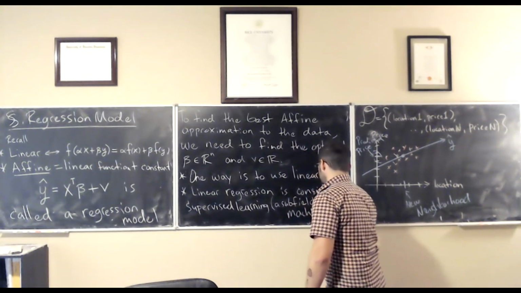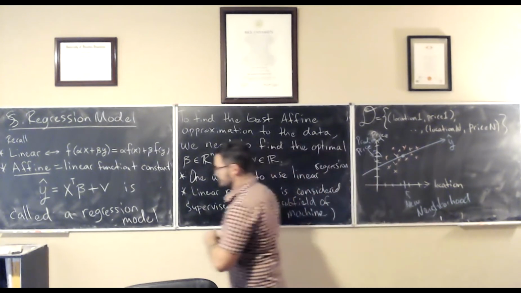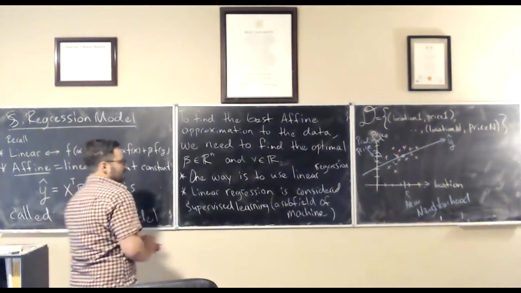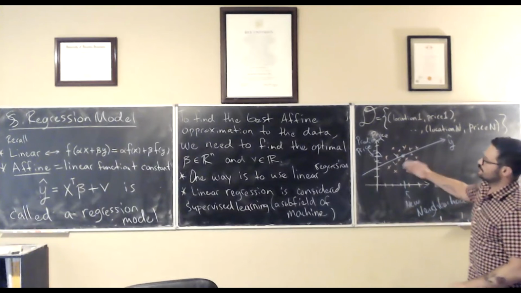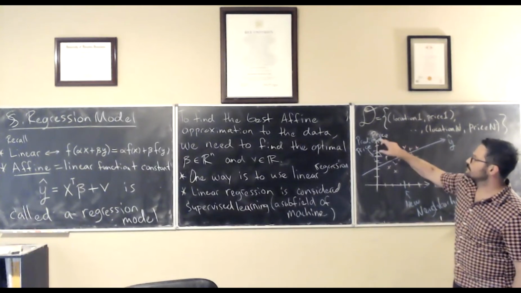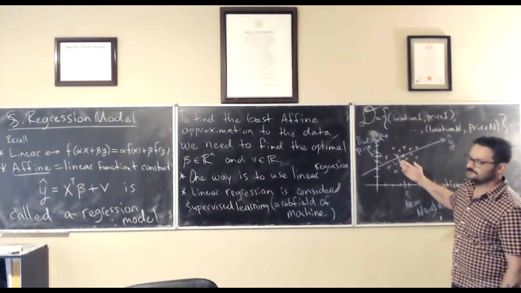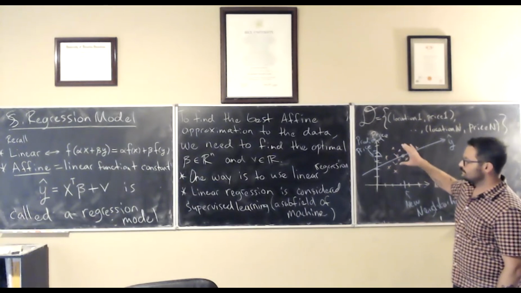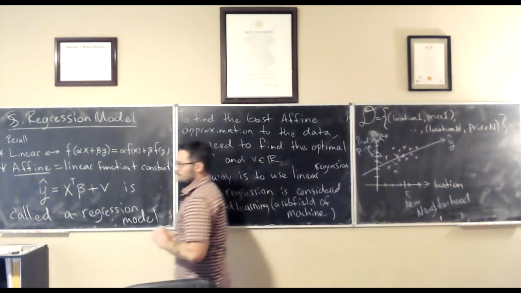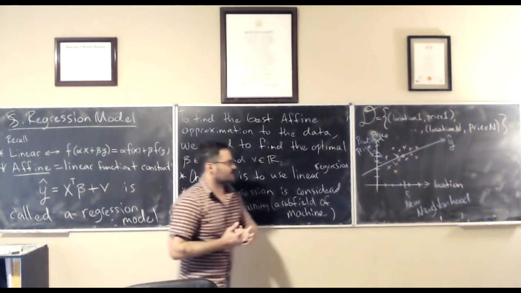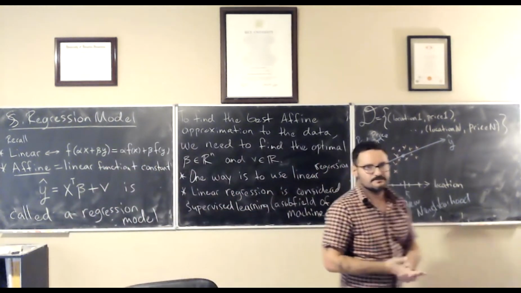So the general goal in supervised learning is to use data feature vectors together with the known output, the known label, to build a model that will be able to make predictions on data that you do not have.